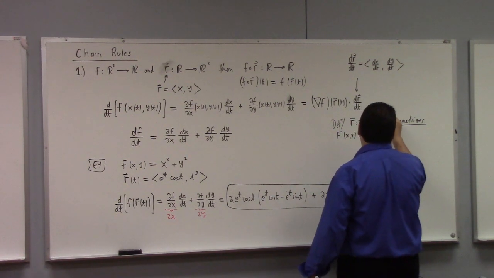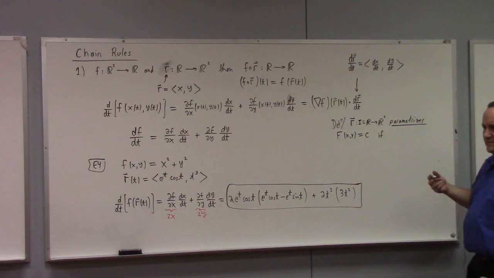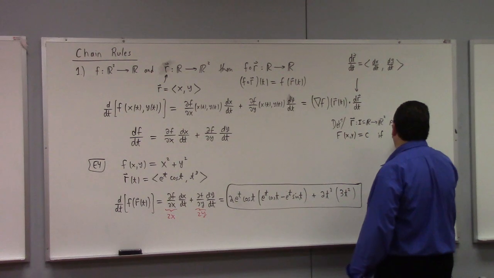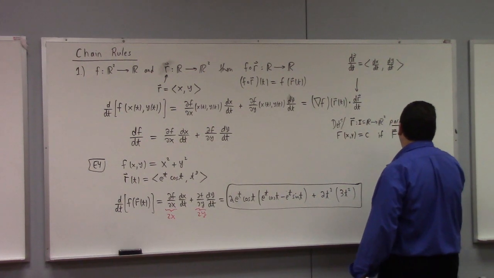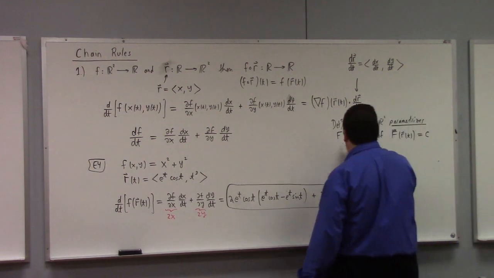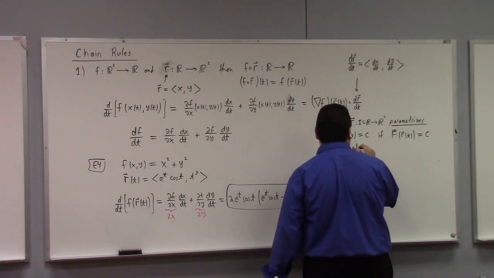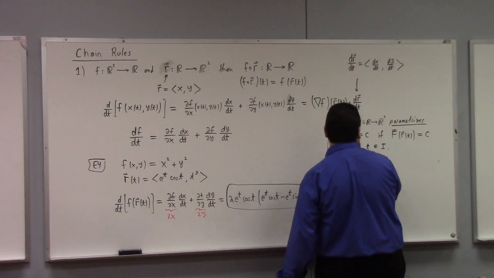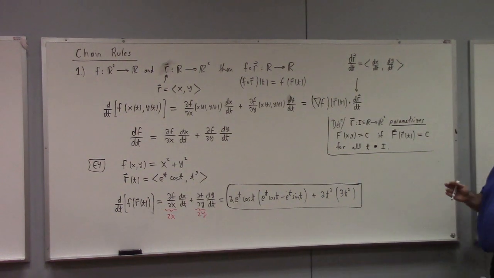The domain could be a subset of the reals. So if f of r of t is equal to a constant for all t in the domain of the parameterization. What I'm saying here is a parameterization of a level curve is a path that when you plug it into the level curve, it solves the defining equation.